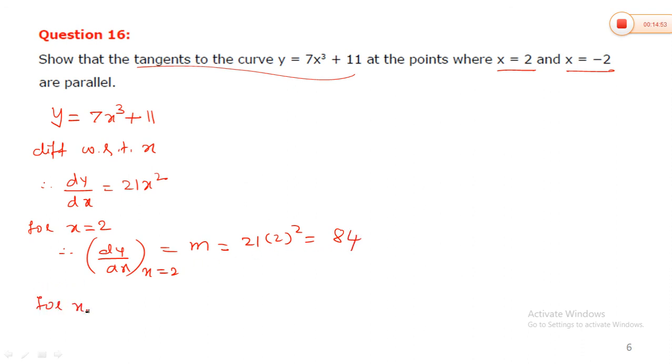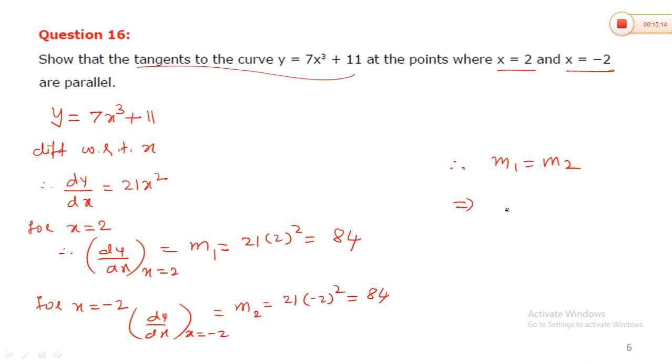For x equal to minus 2, dy by dx at x equal to minus 2, let us call this m2, equals 21 into (minus 2) square, this also equals 84. Therefore m1 equals m2.